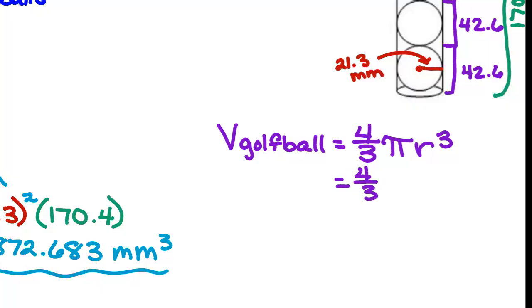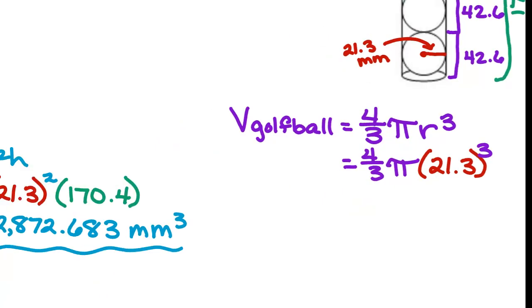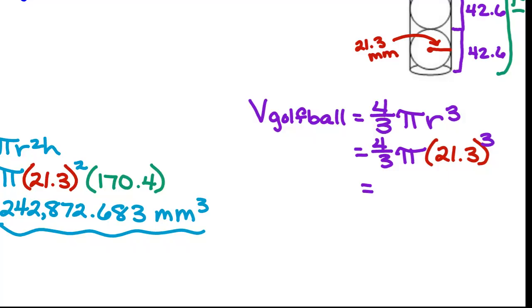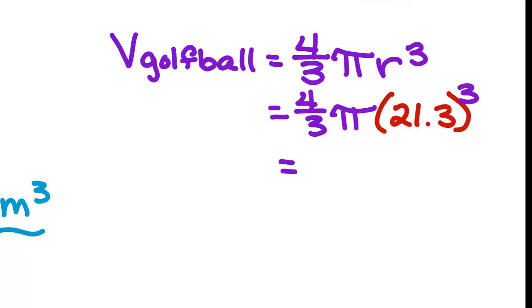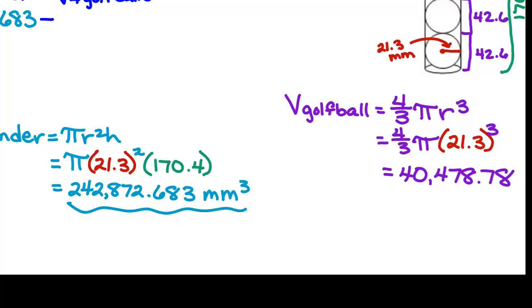So I'd have 4/3 pi times what cubed? 21.3 cubed. What is 4/3 pi times 21.3 cubed? All right, hold on. You said 40,000 what? Perfect. 40,478.780, so I'm just going to leave that as 0.78.